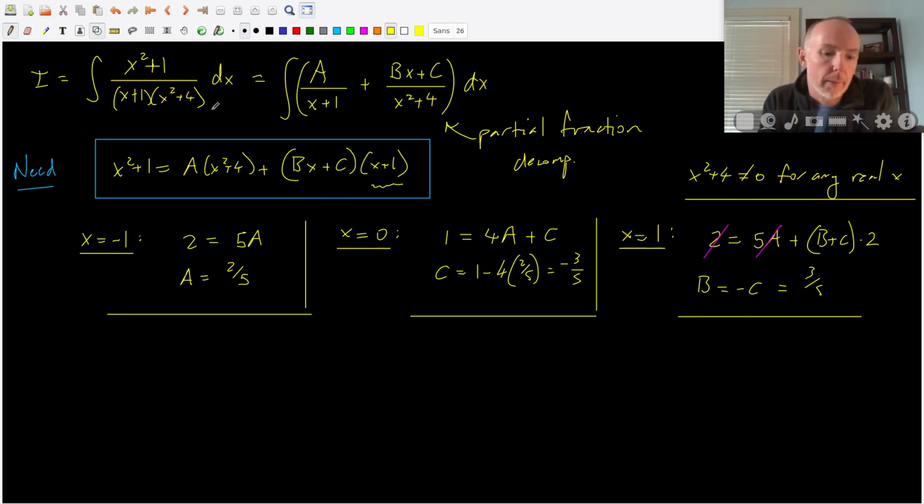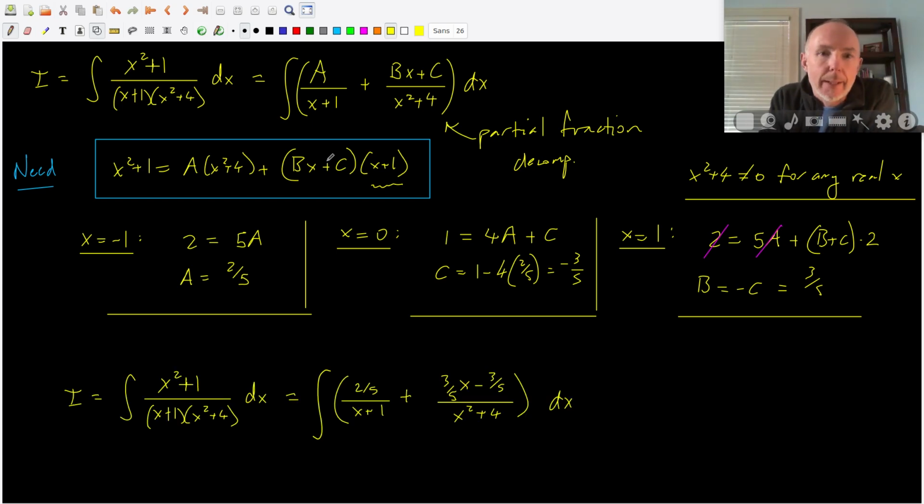And now we can put the total integral together. When we put that together, just plugging the a and the b and the c in, we end up with this thing. And this is hopefully not too hard to integrate. Let's look at it for a sec. I'm going to write this as 3 separate integrals, because this is the integral of 1 over x plus 1 multiplied by 2/5.